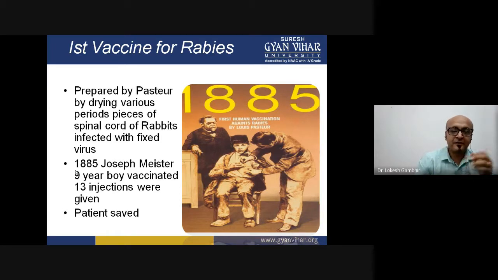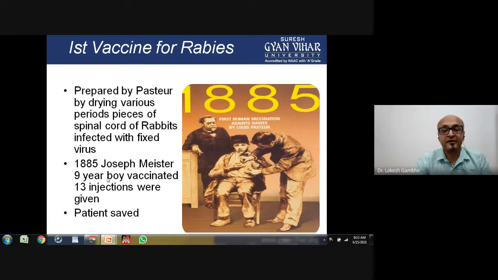The first individual who got the vaccine was a nine-year-old boy. 13 injections were given by Louis Pasteur to this individual, and the patient got saved. So that was the first classical incident in history of vaccination, and it was a successful attempt.